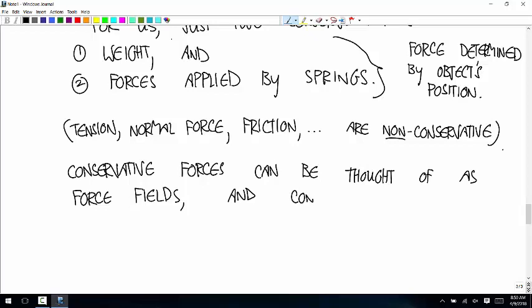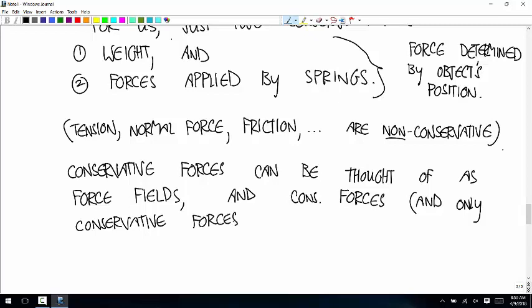And conservative forces, and only conservative forces, have what's called potential energy.